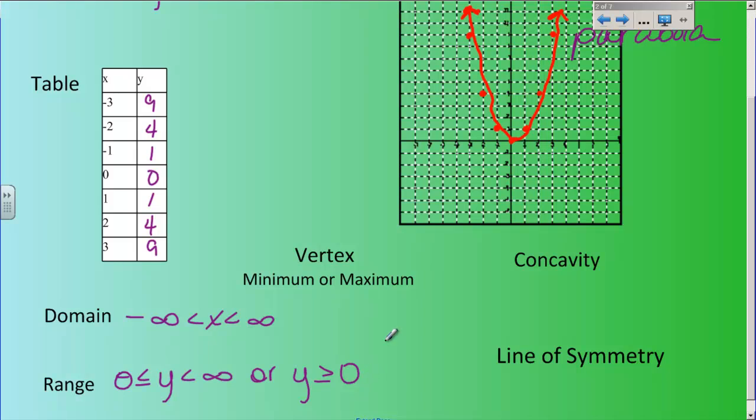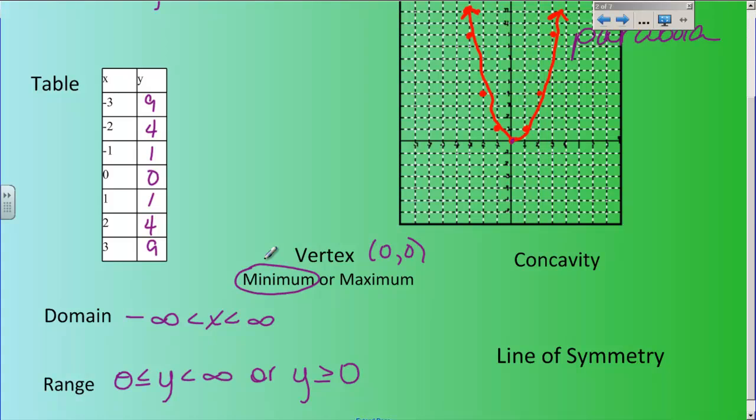Now every parabola out there has what we call a vertex. It is the lowermost or uppermost point of the parabola. The vertex for this one happens to be this point right here, and so my vertex is at 0, 0. We call this vertex a minimum because it is the lowest point on the graph. Now concavity, that's a new word for you, at least in math.